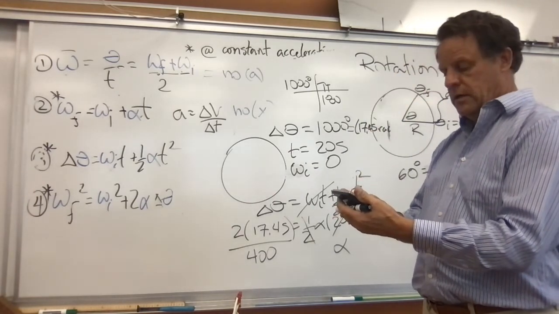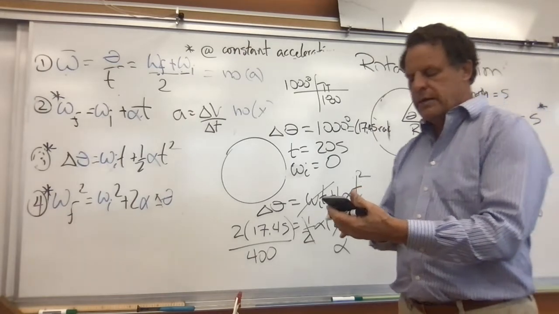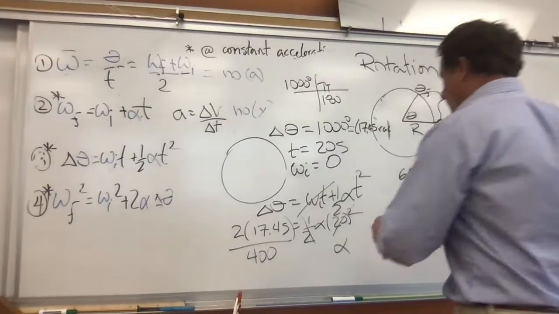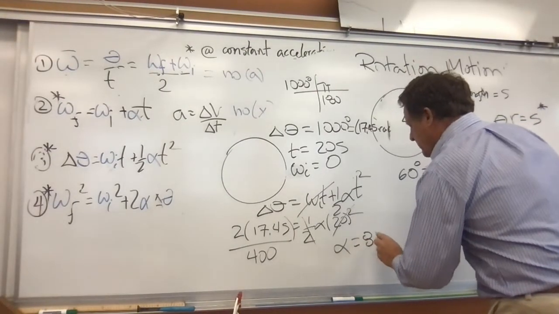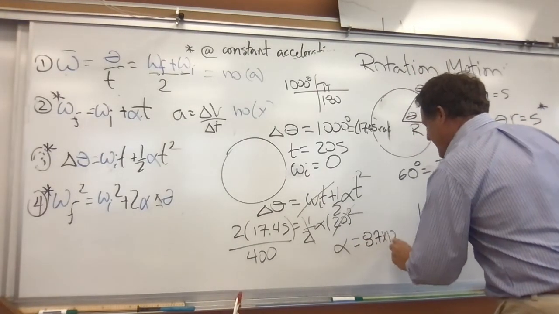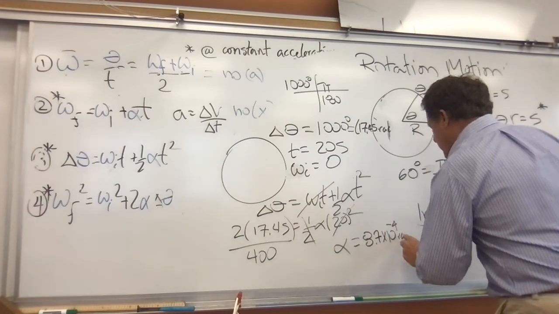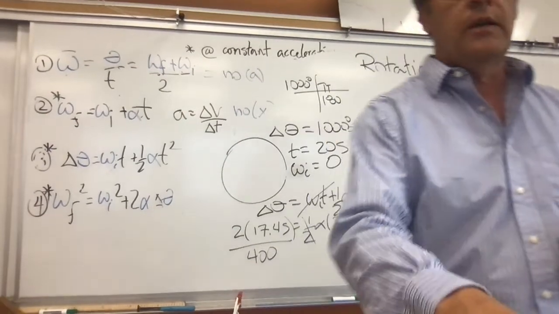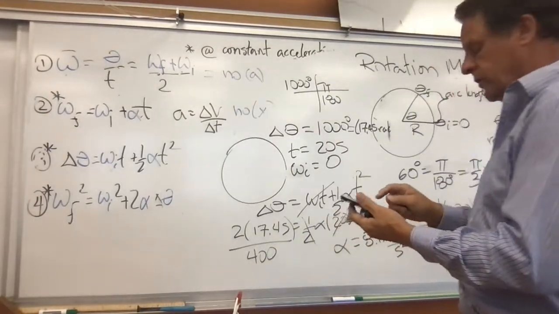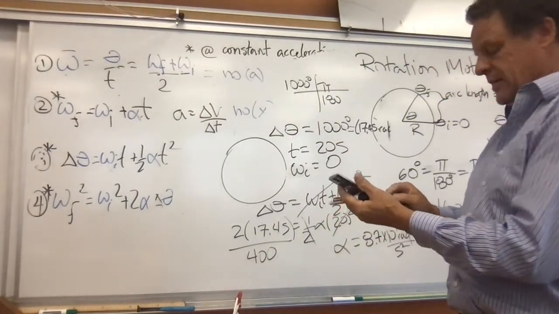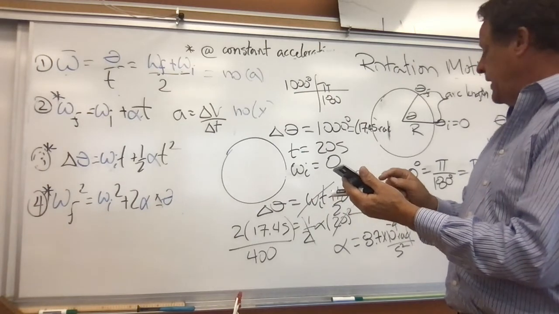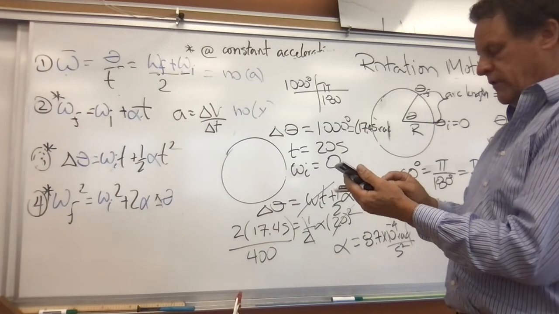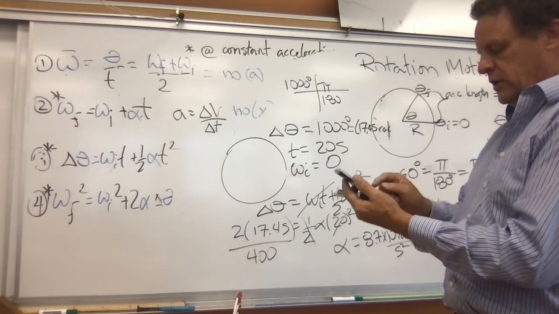I am getting 8.7 times 10 to the minus 4. So alpha is equal to 8.7 times 10 to the negative 4 radians per second squared. For our purposes, I just want to double check that: 17.45 times 2 divided by 20 squared.